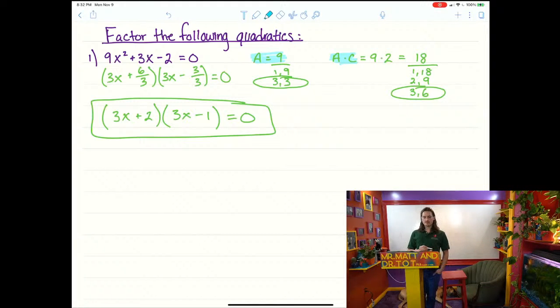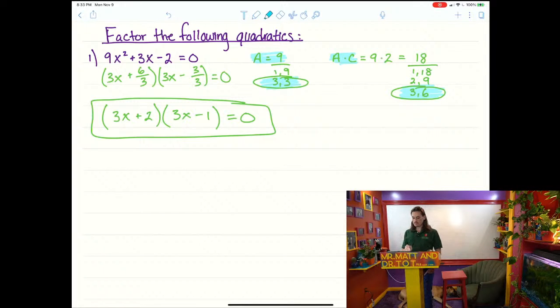So our factors of 18 are 1 and 18, 2 and 9, 3 and 6. Notice that a positive 6 and a negative 3 will give us a positive 3, which is our b value. And also notice that 3 and 3 will work with the factors 3 and 6.